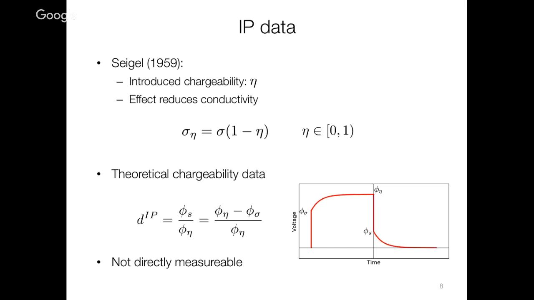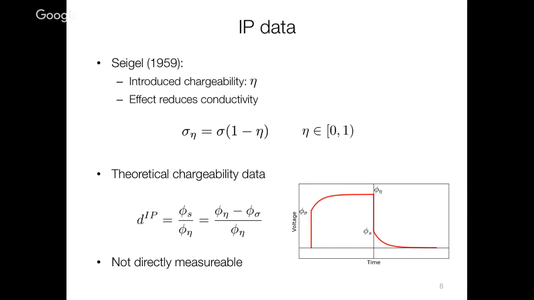Theoretically, and this was introduced by Siegel, the concept of chargeability is encapsulated in this quantity eta, and that varies between 0 and 1. For many materials that we're concerned with, eta is actually a fairly small number, like 0.1, something like that.